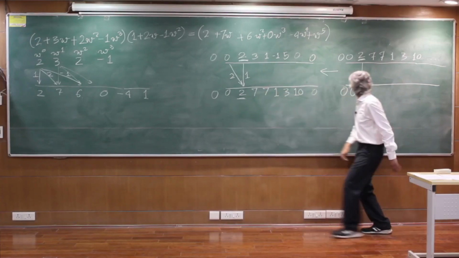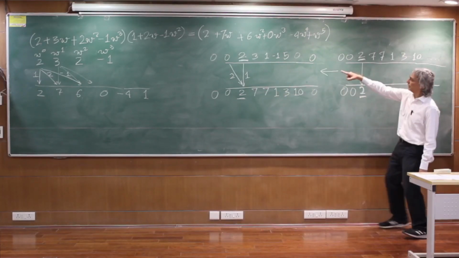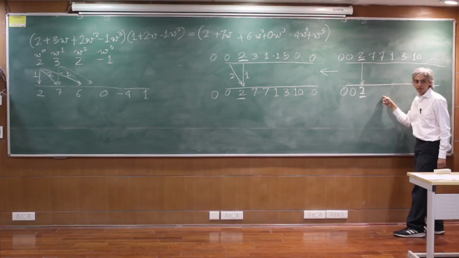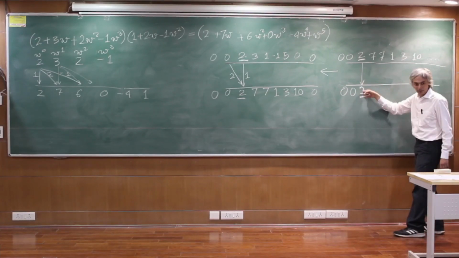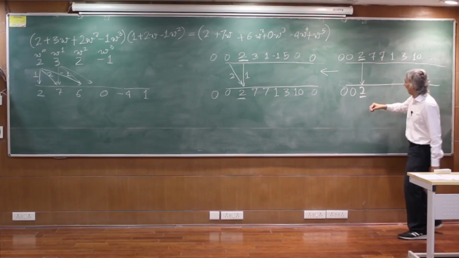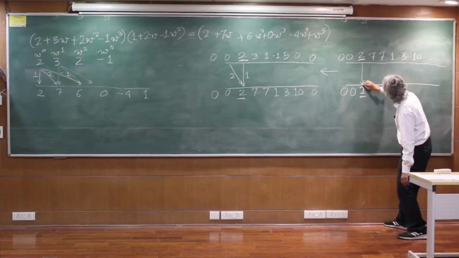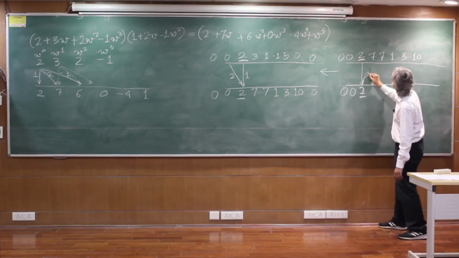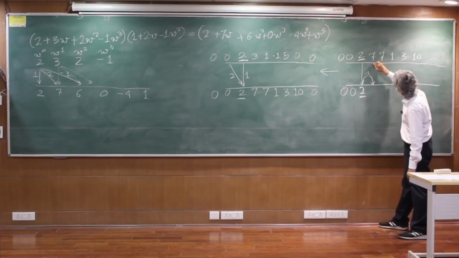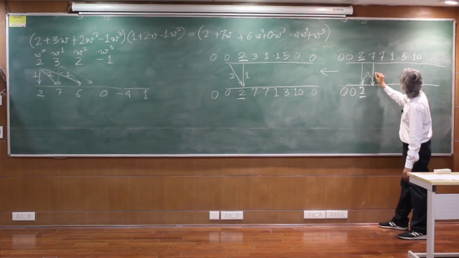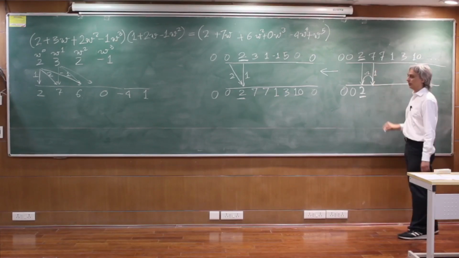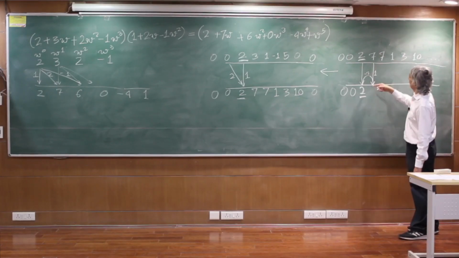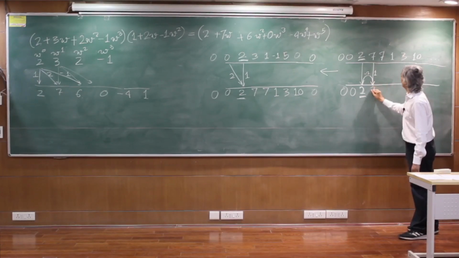Okay? And where is that 2 here on this diagram? It's here. And so what we did is multiply this by minus 2 and multiply this by 1 and add them together to produce 7 minus 4 is 3.